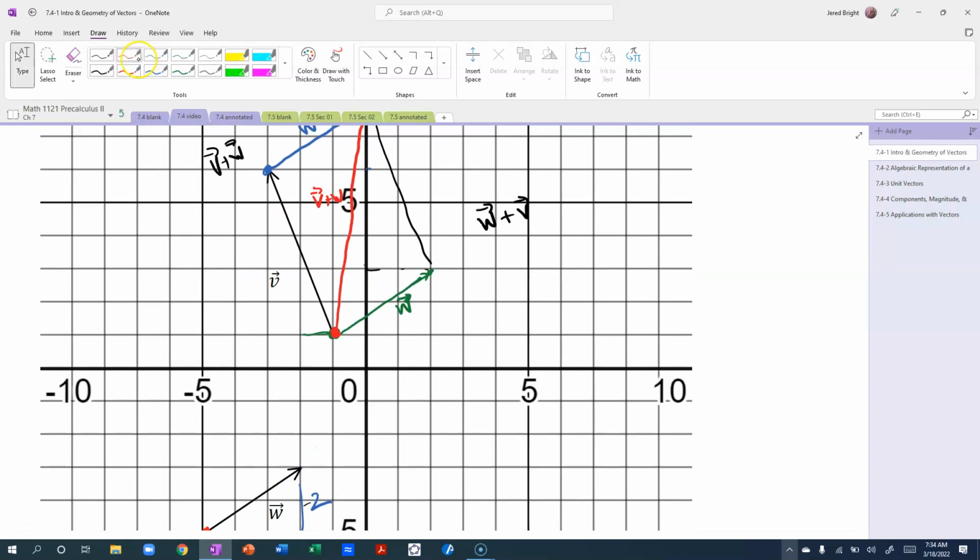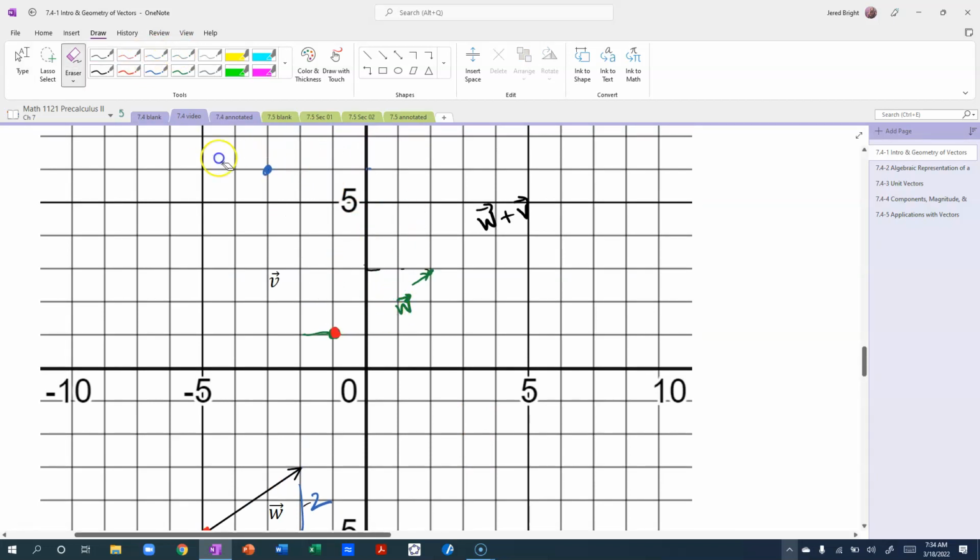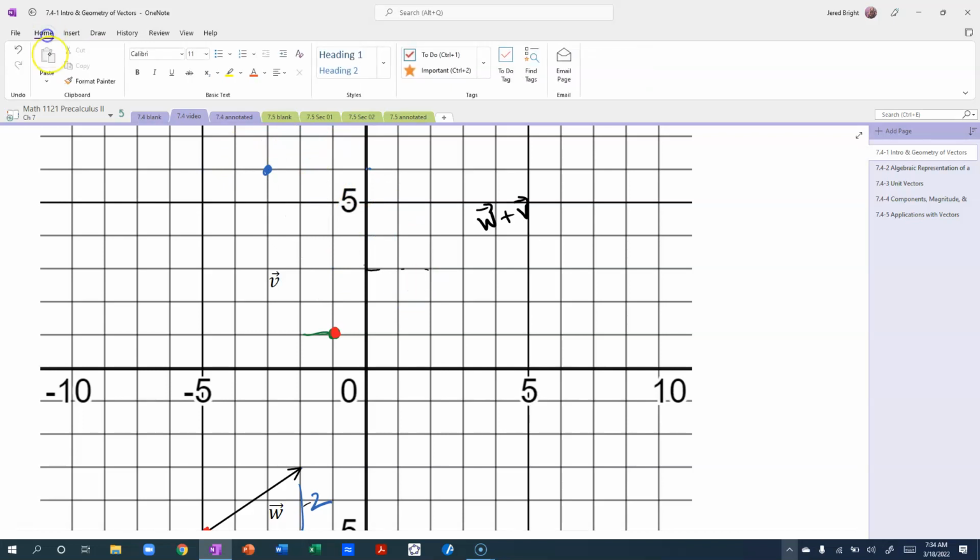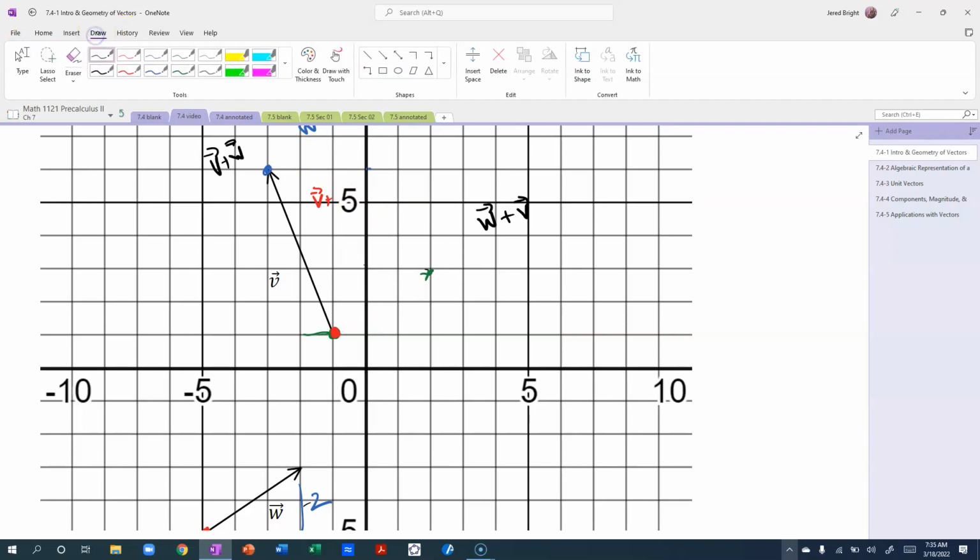Again, I'm just going to erase this work so we don't get things confused. So from the tip of v, I would go 3 units left, 1, 2, 3, and 2 down.